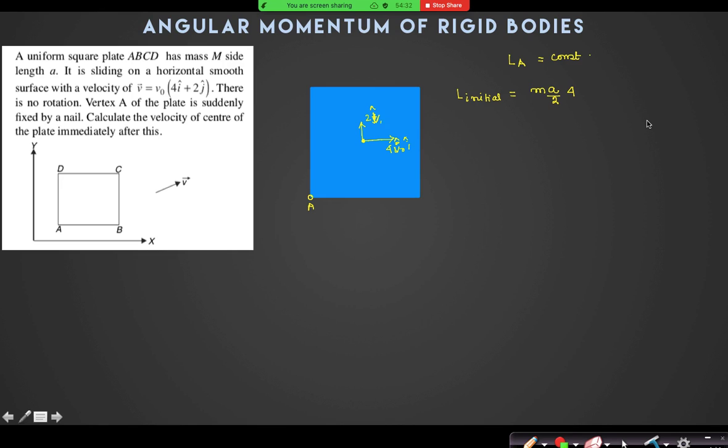What about 2 v naught? 2 is also there, right? Sir, but r cross Vc. Yes, r cross Vc. So m into a by 2 for this 4 v naught, the distance is a by 2. But for 2 v naught also it is a by 2. Yes or no?